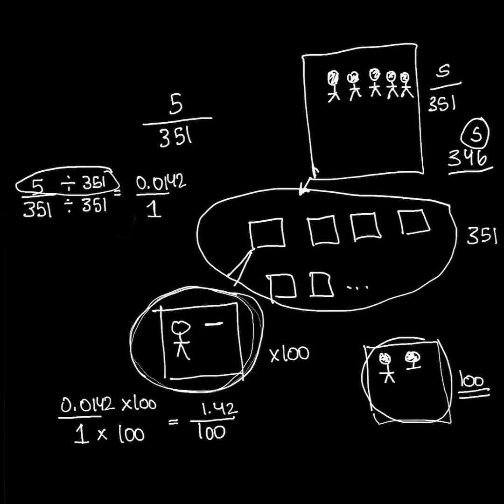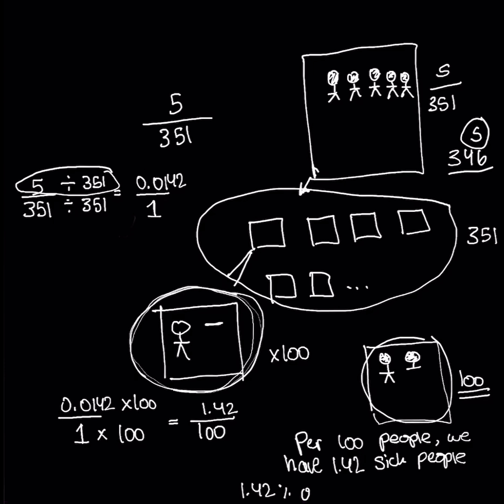Okay, so per 100 people, we have 1.42 sick people. Or in other words, 1.42% of people are sick, per percent, right? Per 100. Per 100, there's 1.42.